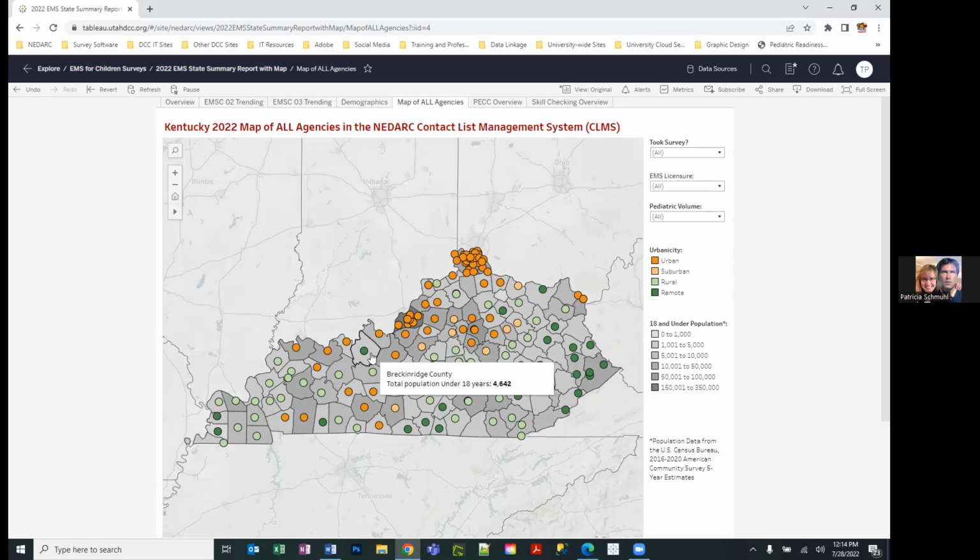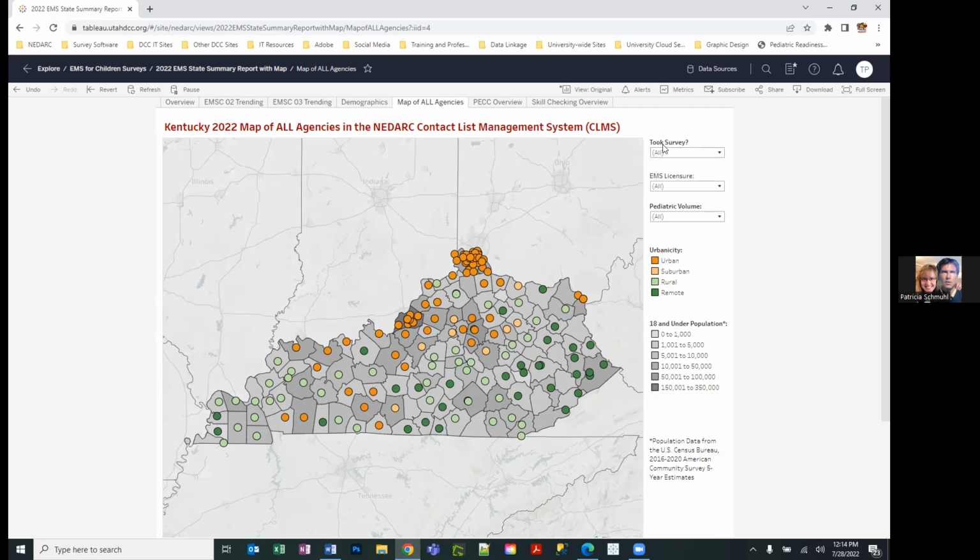So if you roll over a county, it's going to tell you the pediatric population under 18. Unfortunately, they don't include 18 as we do in the EMSC, but you can get an idea of the pediatric population. And in Kentucky, it looks like Jefferson County has the highest population of children, 170,000. And just so you know, LA has 2 million plus population, so that can give you an idea of some of these bigger states and the hurdles they go through.